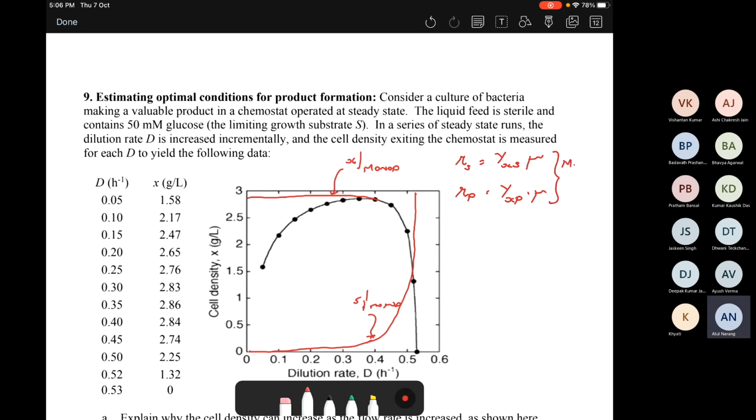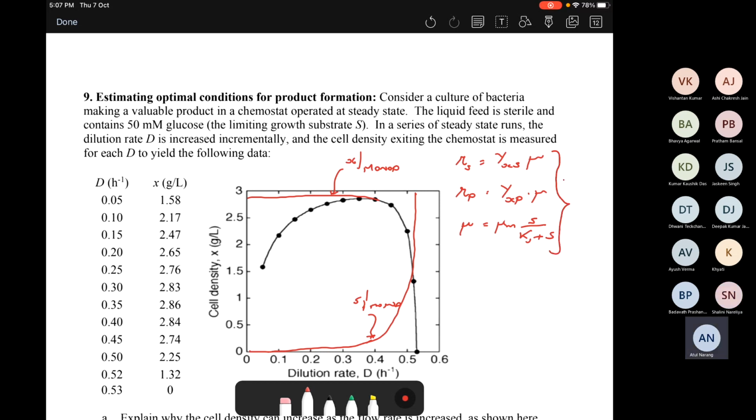There is also a third assumption the model makes, which I should put down, and that is mu is an increasing function of S of the form mu m multiplied by S. All three of these are the assumptions of the Monod model.